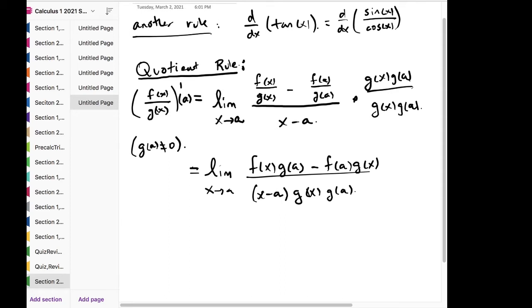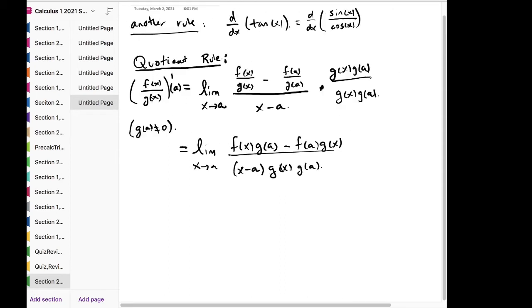Okay. So we're going to use a similar trick as we did with the product rule, right? What do we want? We want this term to pop out. And we want this term to pop out. But I don't have those terms here. So what we're going to do is make them.